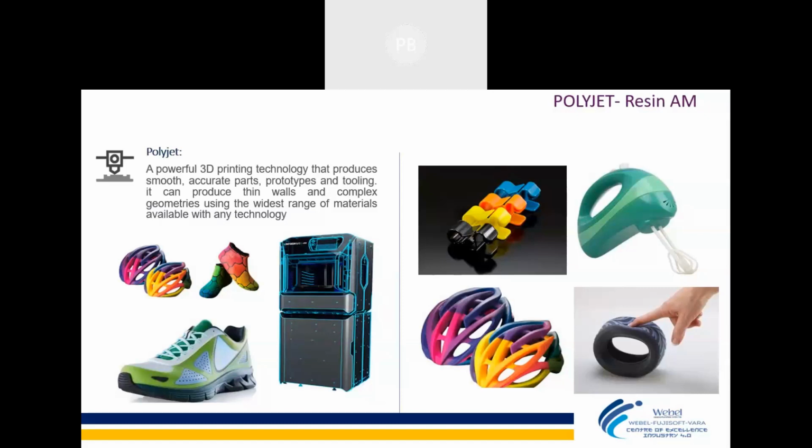Once the liquid is deposited, the UV lights in the machine fire up and the liquid solidifies, so you get the solid part as well. With each layer of deposition, the light comes and the model gets solidified. By that process, we get the part.